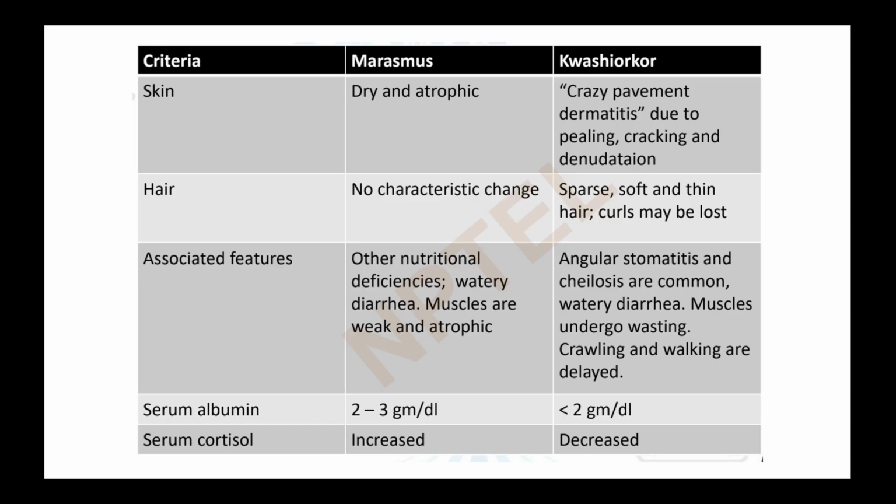In kwashiorkor, crazy pavement dermatitis occurs due to peeling, cracking, and denudation. There's no characteristic change in the hair in marasmus, but in kwashiorkor the hair is sparse, soft and thin, and curls may be lost. Then there are some other associated features. You can read these in the slides as well. Okay.